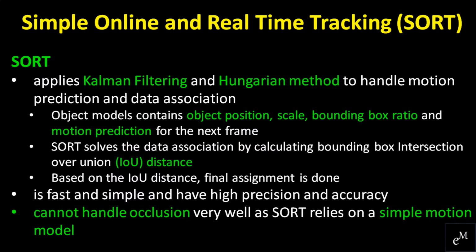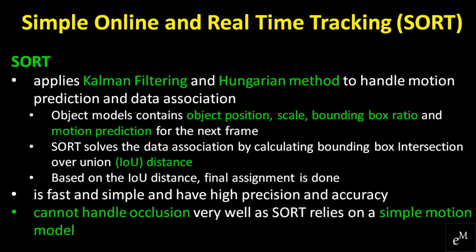One of the ongoing tracking frameworks is Simple Online and Realtime Tracking, SORT, which attempts to overcome the challenge that I just mentioned. It uses Kalman filtering and the Hungarian method to handle motion prediction and data association respectively.